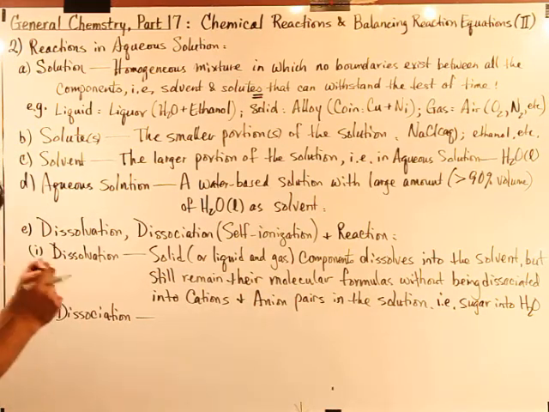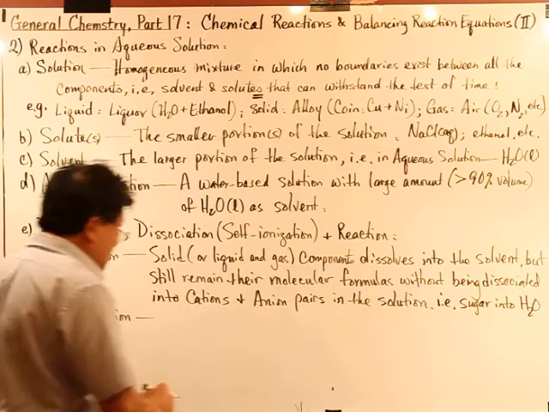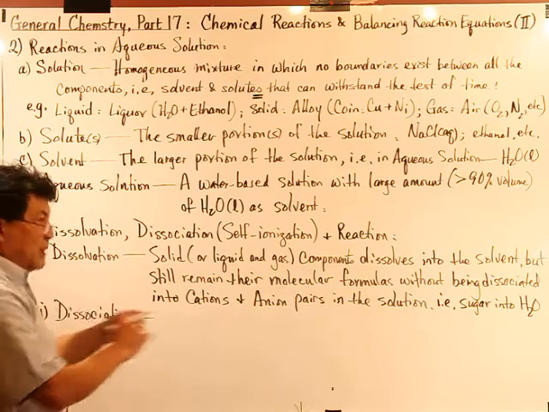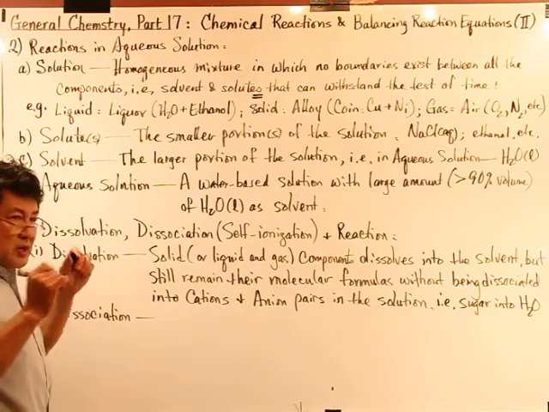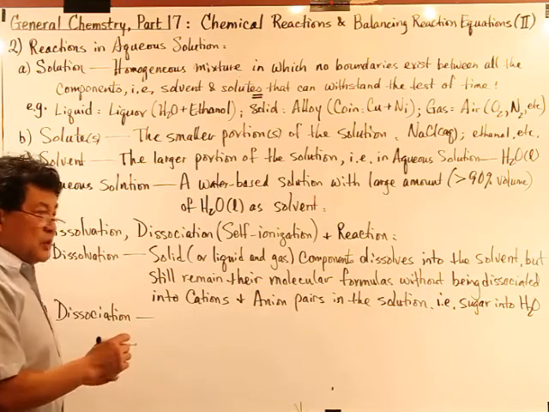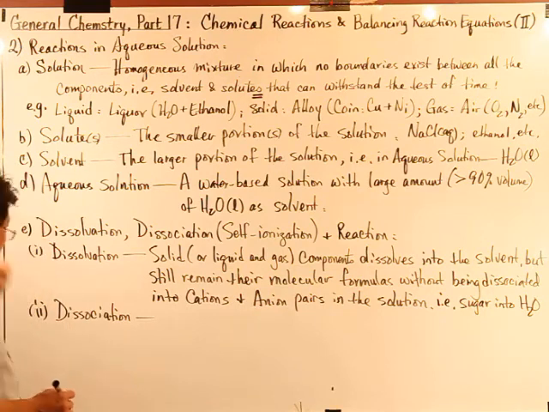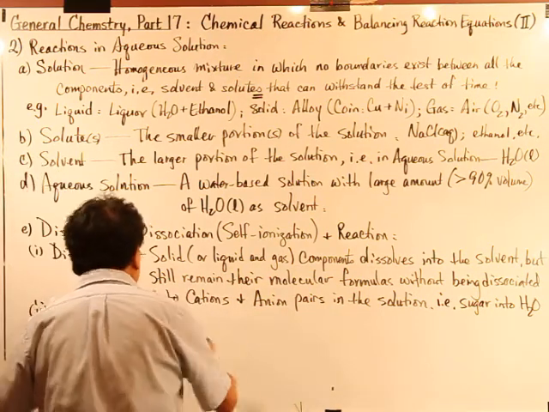Part of their total amount will be separated under the influence of a polar molecule in the solvent, which is the aqueous solution we talked about. So dissociation, let's put down there, all right?